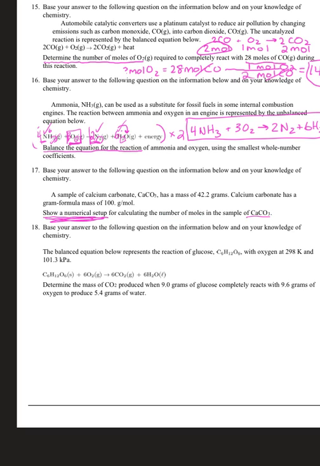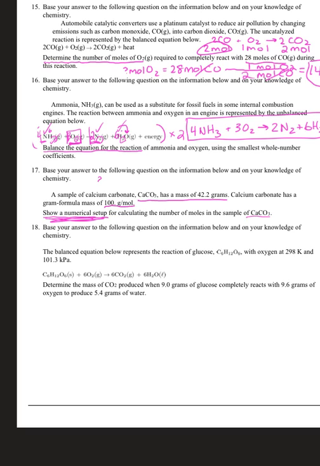So let's see. What did they give me? CaCO3 has a mass of 42.2 grams, and calcium carbonate, that's the name of this compound, has a molar mass of 100 grams per mole. It wants to know the number of moles.